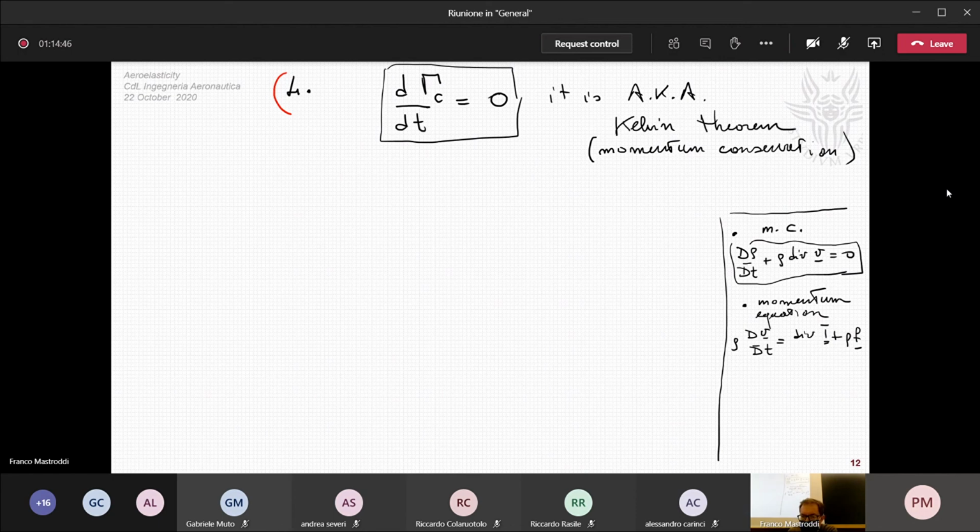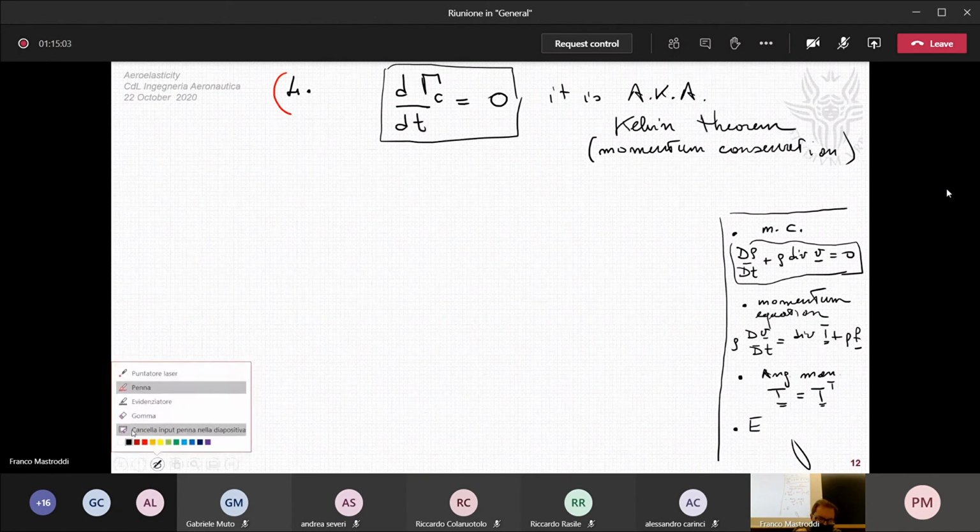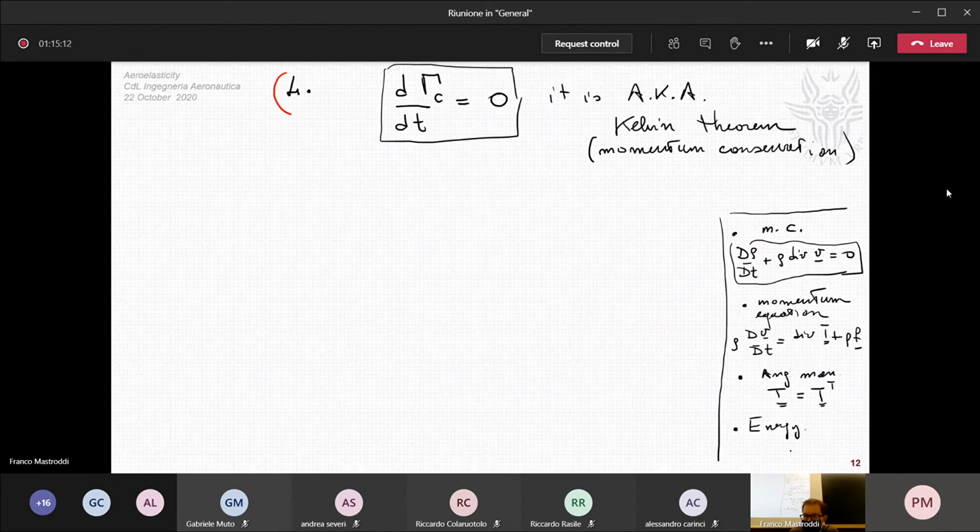And you have also the angular momentum, but angular momentum conservation is the fact that T is symmetric. And finally, here you have the energy conservation, but we have used this energy conservation just now in the entropy form, ds/dt equal to 0 in our case.